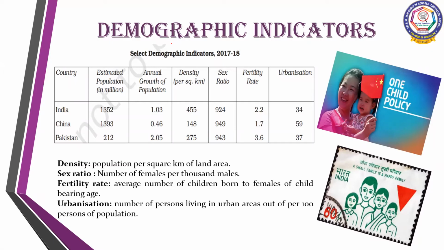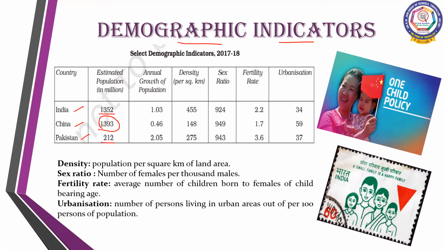This tabular presentation is about the demographic indicators of all the three countries, India, China, and Pakistan. It is observed from the table that China has the largest population of 1,393 million, followed by India and then Pakistan.